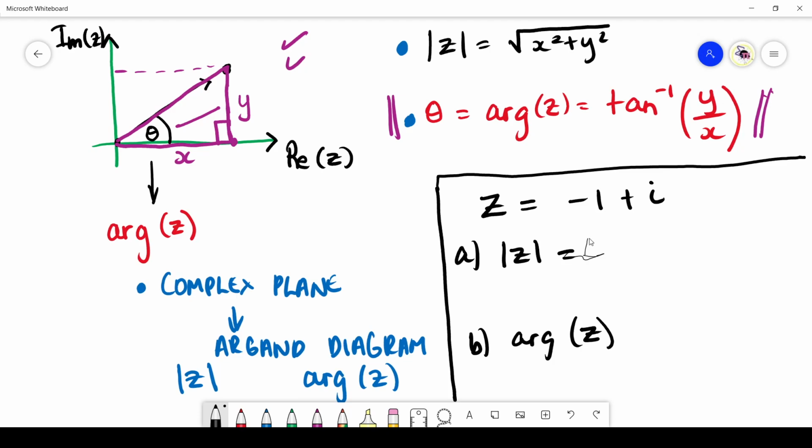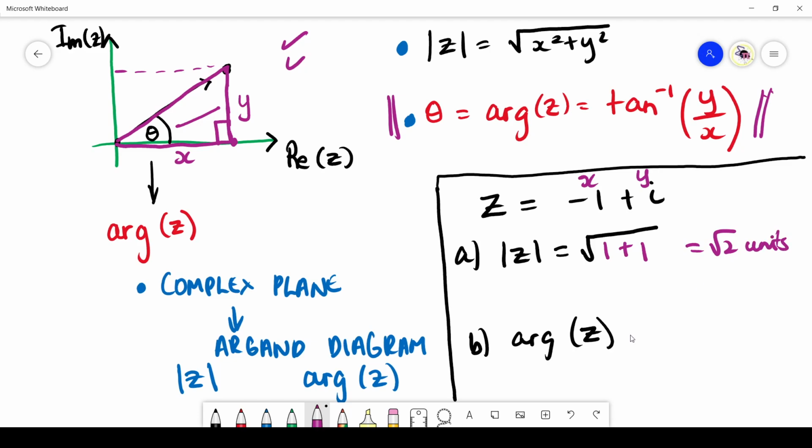Now using the formula straight off the bat, you're going to get the square root of x squared plus y squared. And in this case, let me just denote, we have x here and we have y here. So x squared is -1 squared, which is just 1. And y squared is +1 squared, which is just 1. So we're going to get square root of 2 units.